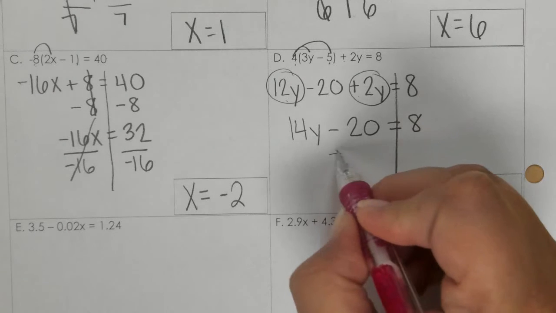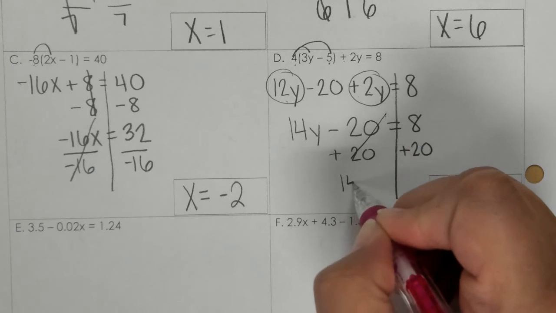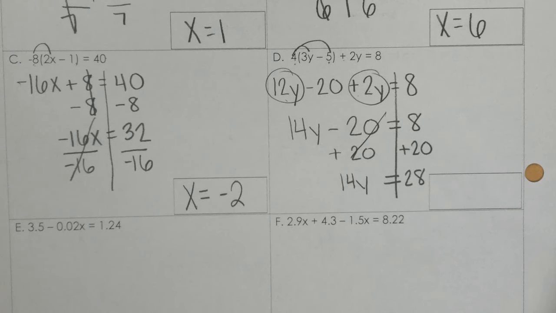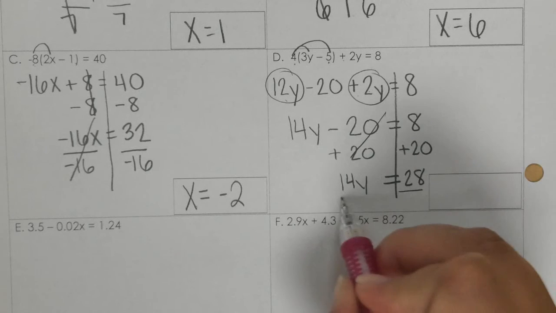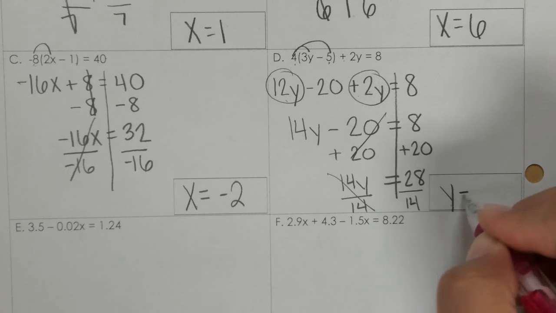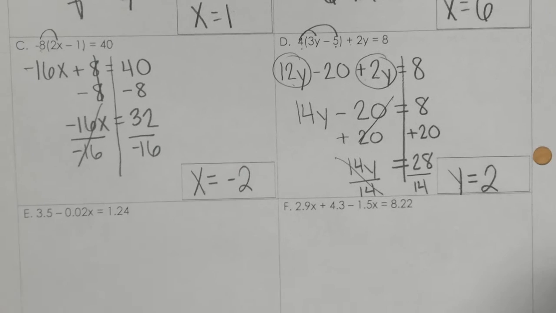Okay, then we add 20, and 14y equals 28. So now we're going to divide both sides by 14. And y is 2.